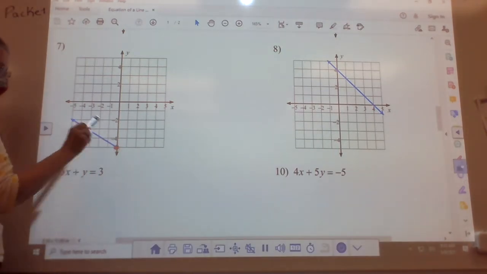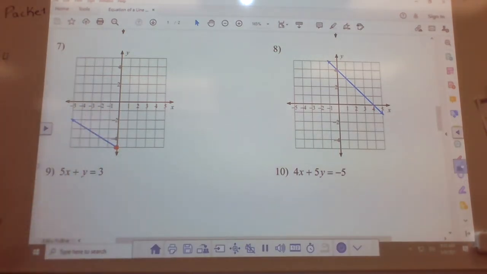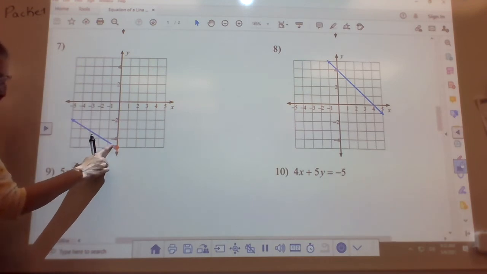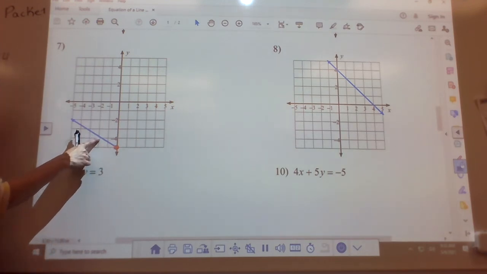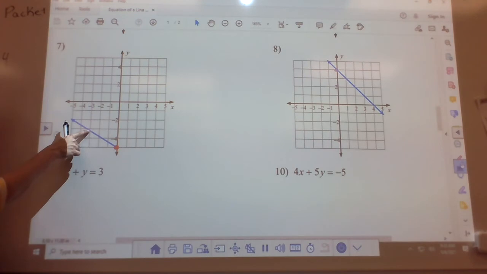Because of how I picked the problem, it's always going to be on the y line. Then I'm going to look up through. This is close, but it's not on the grid. Definitely not on the grid. On the grid. So just be really careful when you're picking where to put your points. It needs to be on the grid. Make sure it's on the grid.